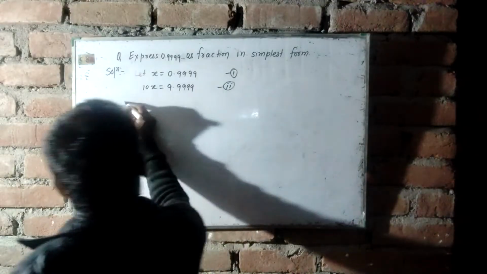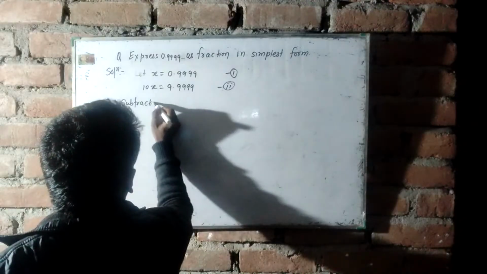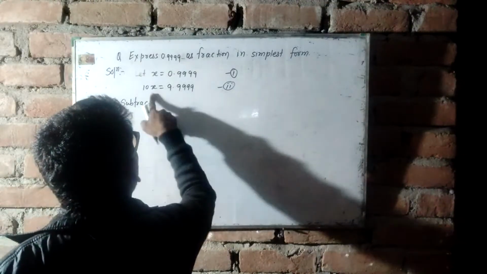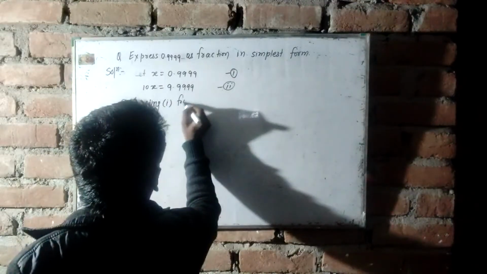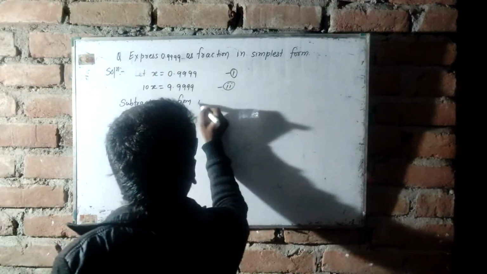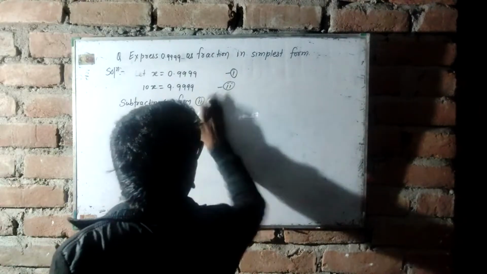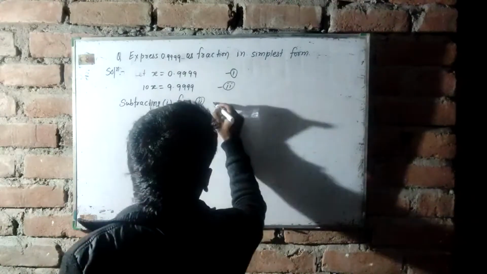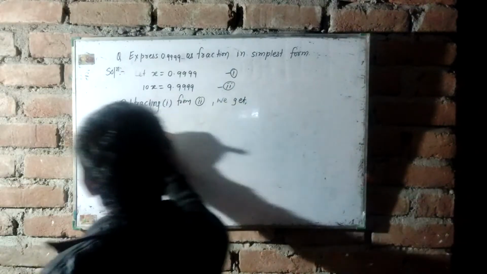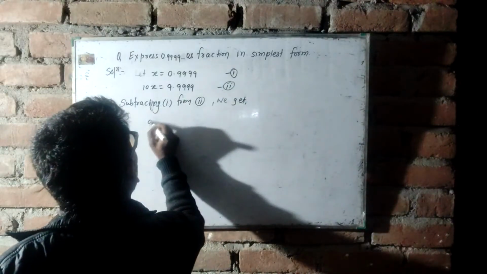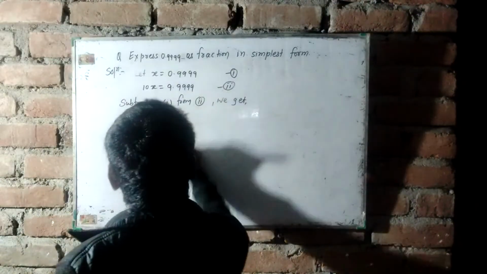Now subtracting equation first from equation second to get 9x is equal to 9.